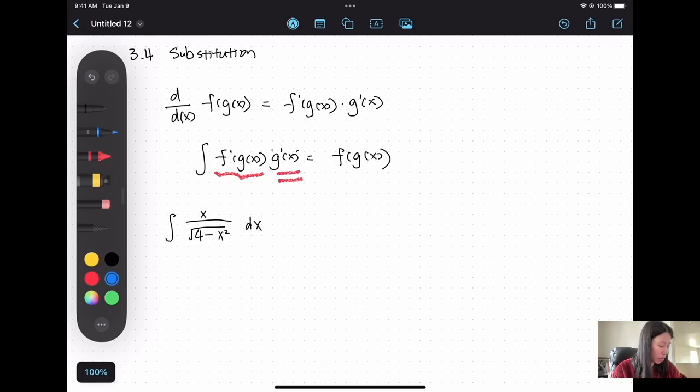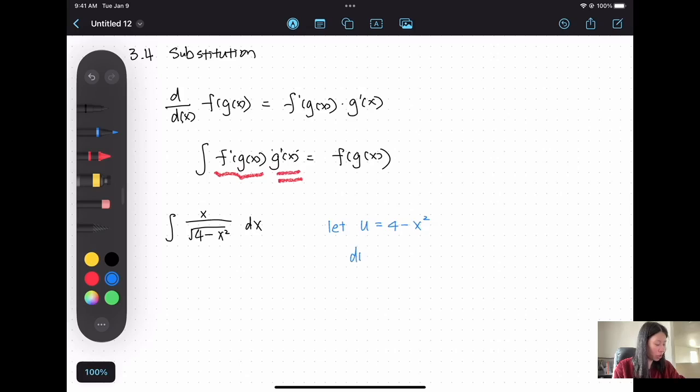So the first step is you let u equal 4 minus x squared. So now let's take the derivative of that.